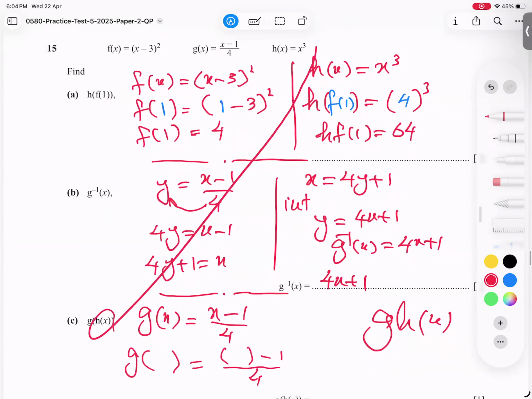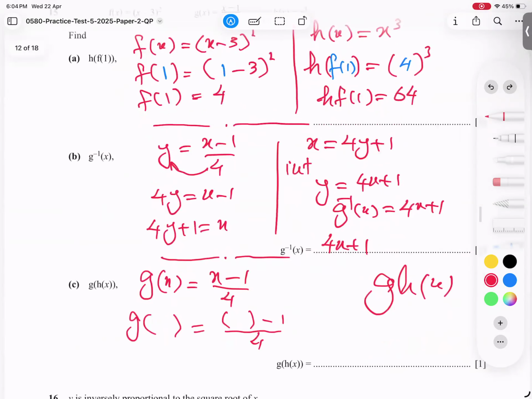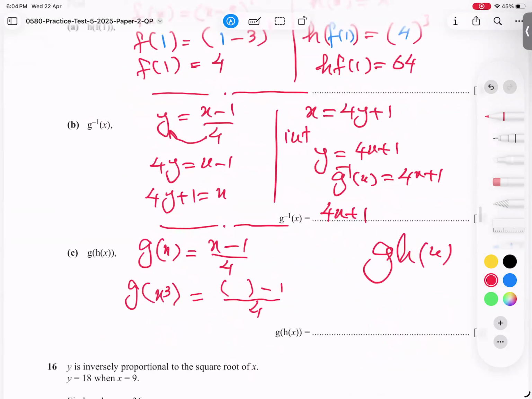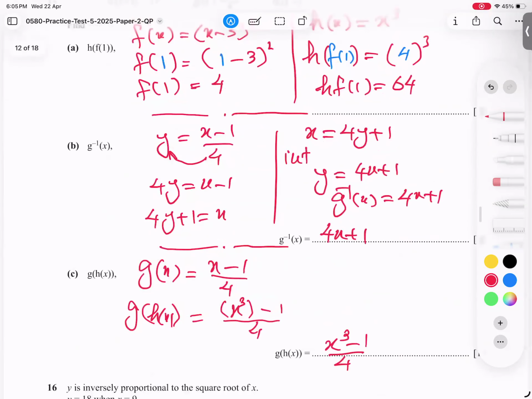And the h function value is x cube. I'm copying x cube on both sides, left side function name and right side its value, and this x cube. I can't do anything extra, I can't do any simplification. So the answer turns out to be x cube minus 1 over 4. Alhamdulillahi Rabbil Alameen. I hope the concept of this question is clear as well.